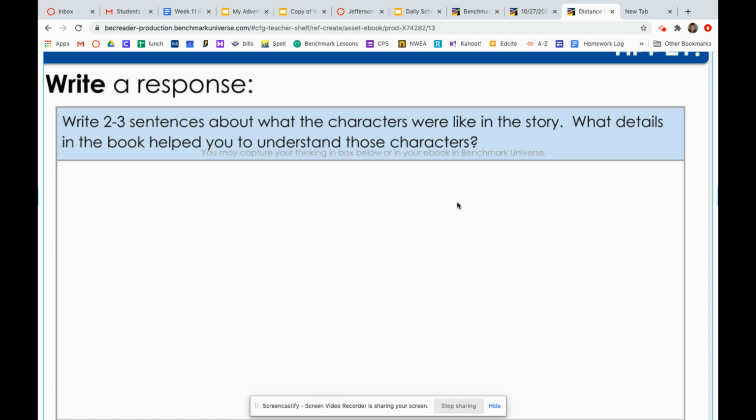Actually, I would reread the text and annotate the verbs. So, actually, the actions of the characters. And then once you have those actions, then you can start thinking about why do they act that way? And then you can figure out what kind of person they actually are.